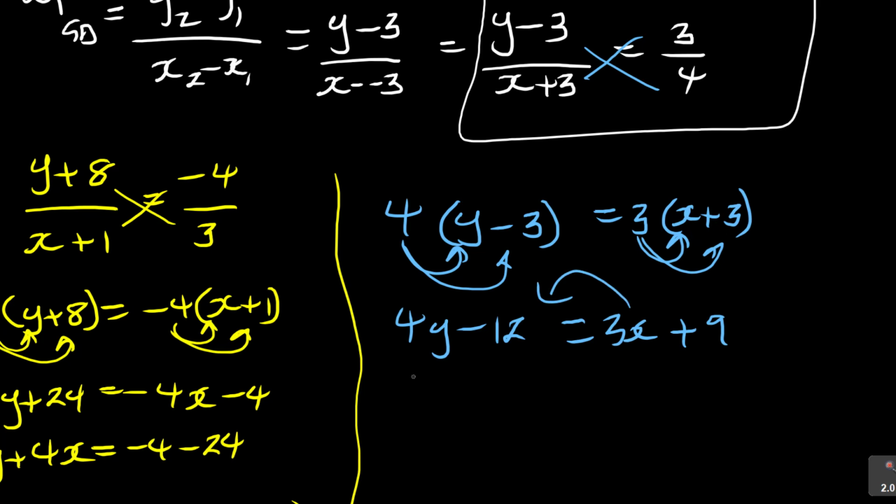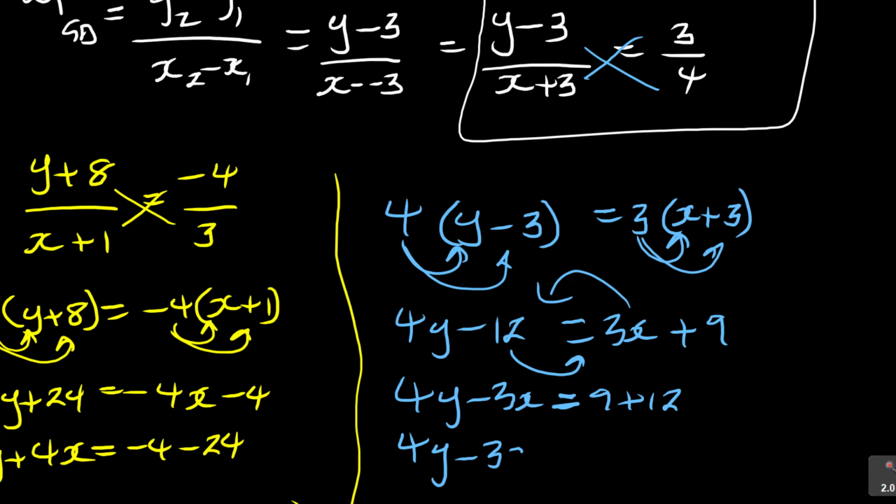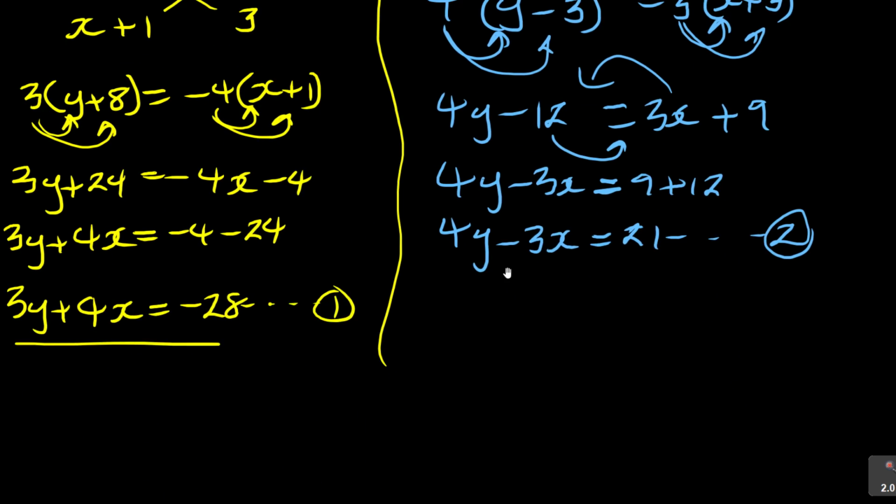Take x to the other side. 4y minus 3x is equal to 9 plus 12, which is 21. This is equation 2. So guys, that's what you needed to solve.